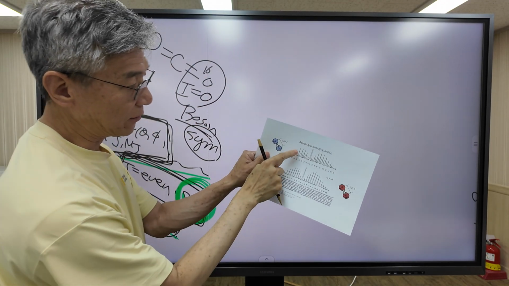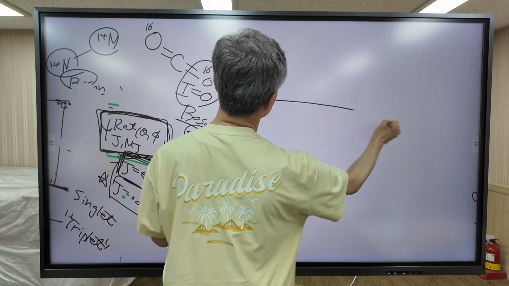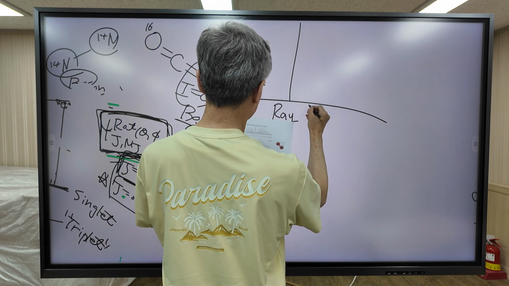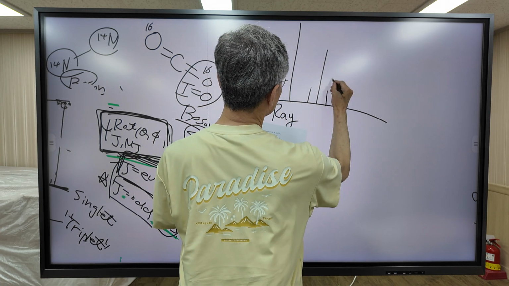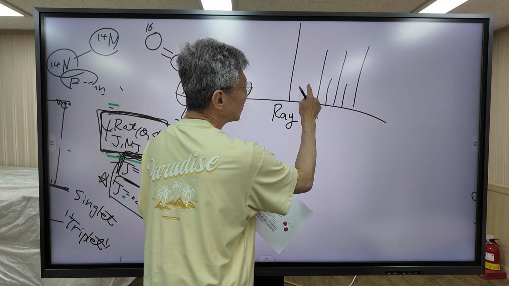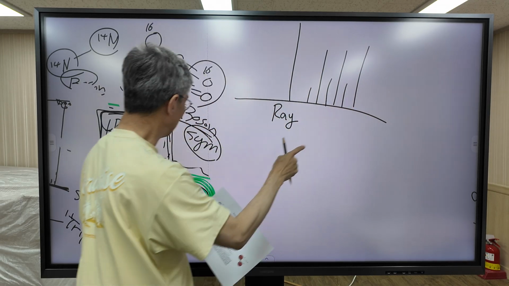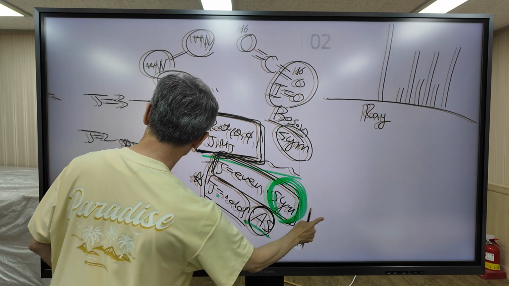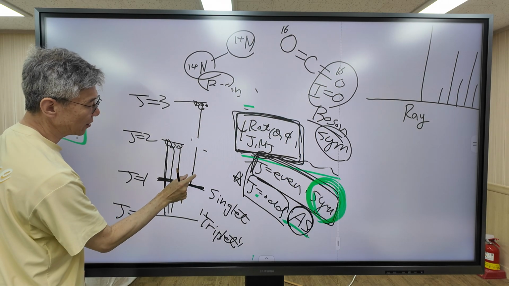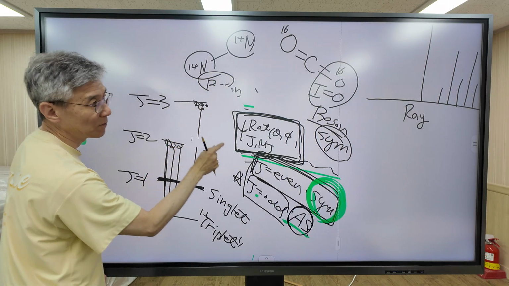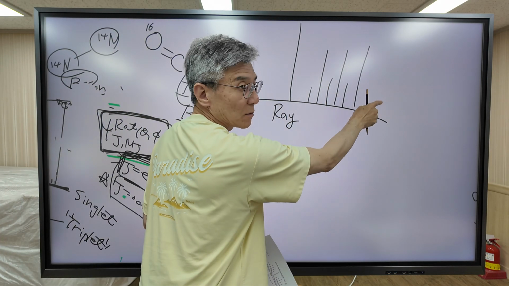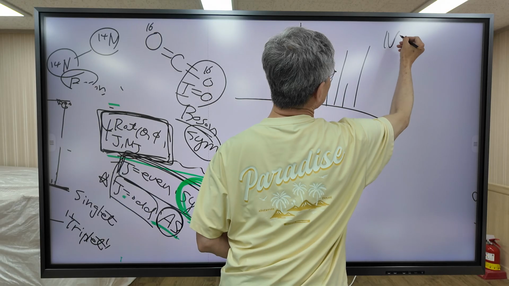In the nitrogen Raman spectrum, this is the Rayleigh line. We can see an alternating pattern, small, large, because this state transition is large, and the intensity of this transition is small. So in the N2 Raman spectrum, we see an alternating pattern. This is N2.